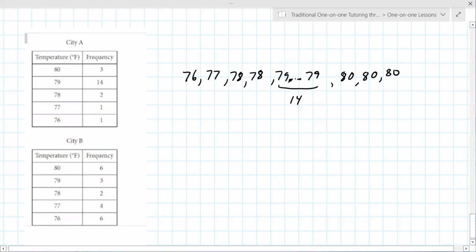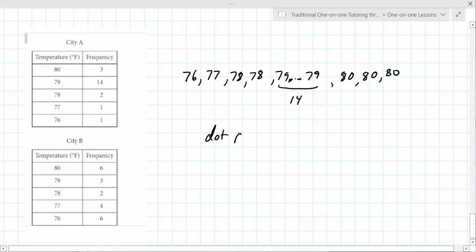Going back to the swimming example, where is most of this data centered? Where is it clustered? Oh, 79.